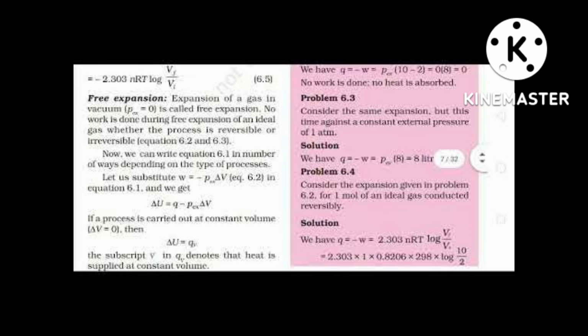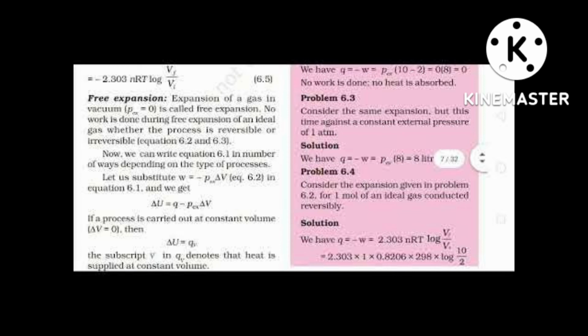Whenever the question of reversible comes, you apply the formula I have derived, the expression for work done: minus 2.303 nRT log V final over V initial, because the initial volume is given and it is done reversibly.